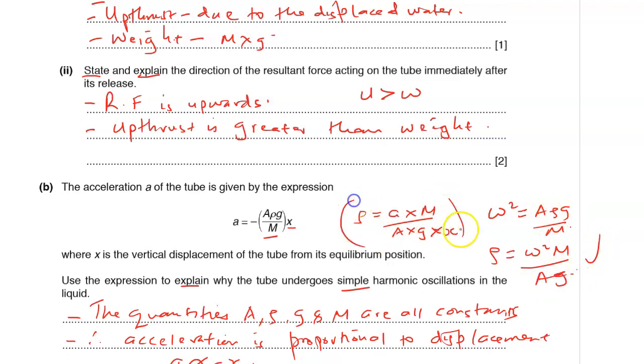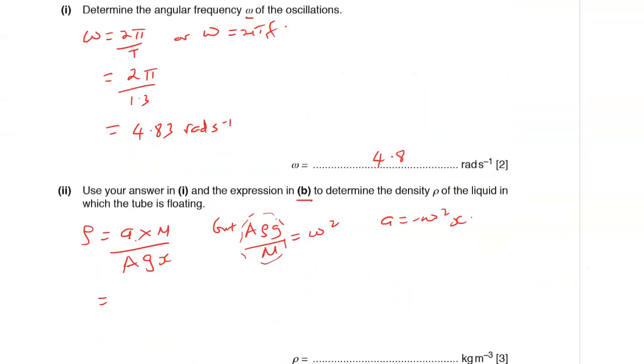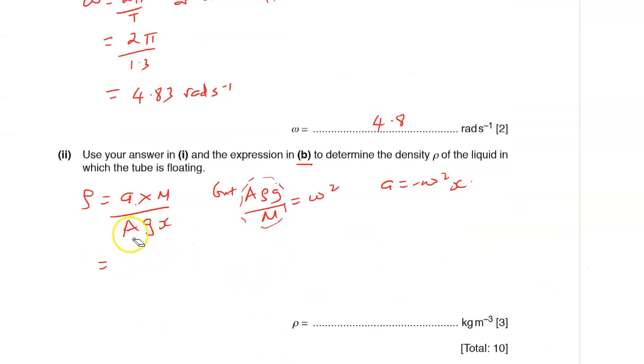We can simplify it to this. We can do away with this one, and then write density rho is equal to omega squared m over A g.